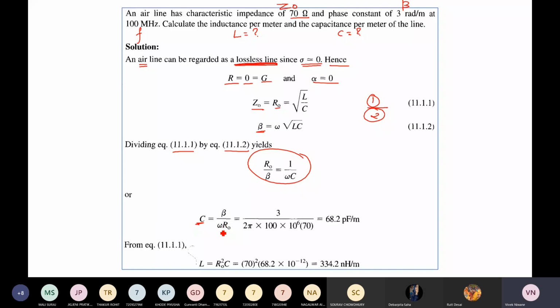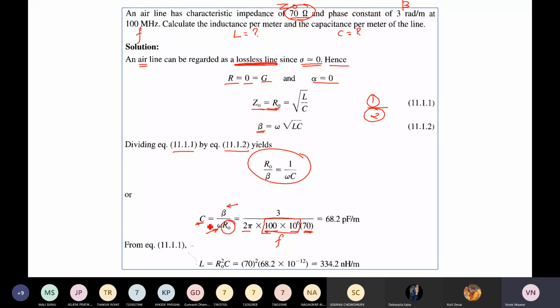C is equal to beta upon omega R0. Beta is given, omega is nothing but 2 pi f, and R0 is nothing but Z0, which is 70 ohm. Here f is 100 megahertz, that is 10 raised to 6 into 100.